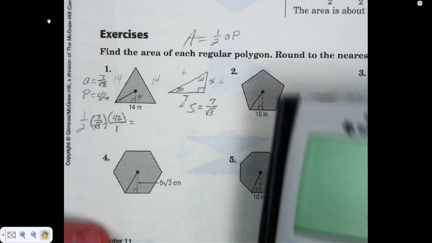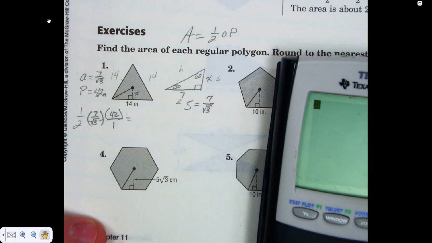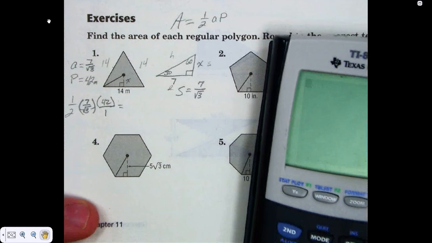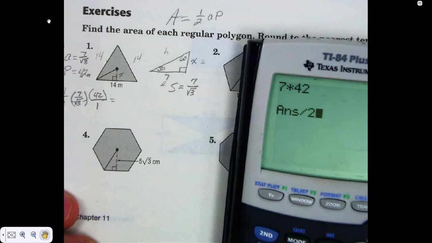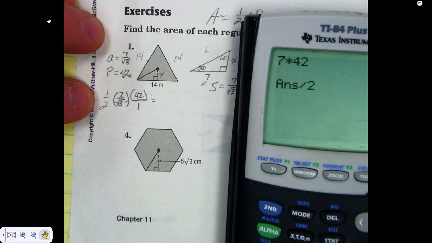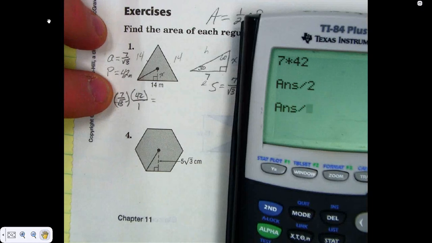How about we do it this way? You can also do it this way. 7 times 42 equals 294. Divide that by 2. Okay, now I've divided by 2, right? Now I need to divide by what?